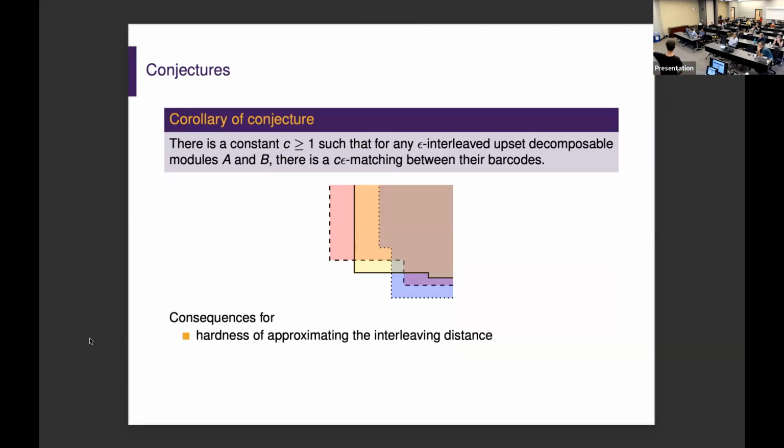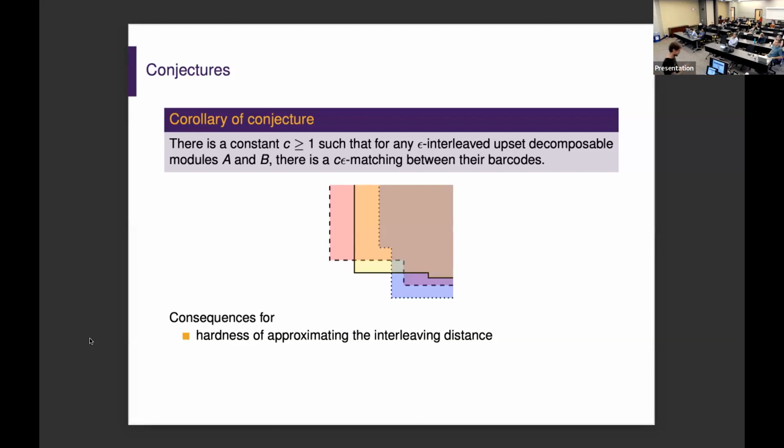And we did this by working with exactly these upset decomposable modules. And if this conjecture is true, then it turns out that even though it's NP hard to compute or approximate the interleaving distance for small c for these modules, it's actually polynomial time to compute it or approximate it, sorry, up to a constant for which this conjecture is true.